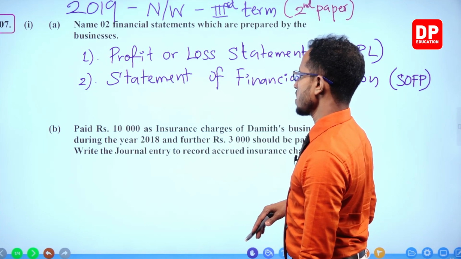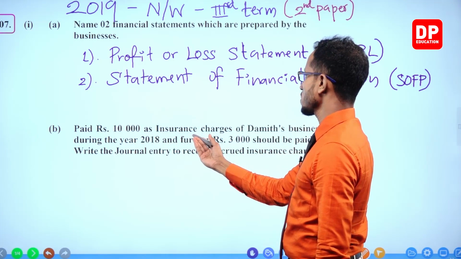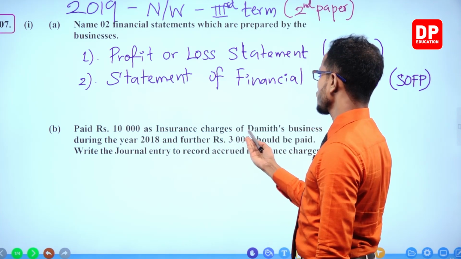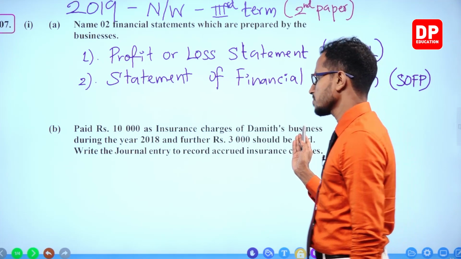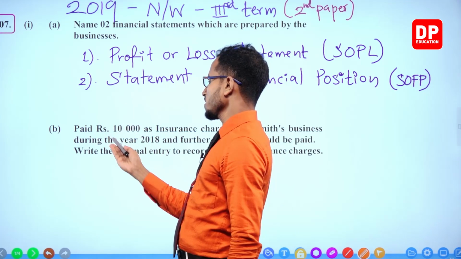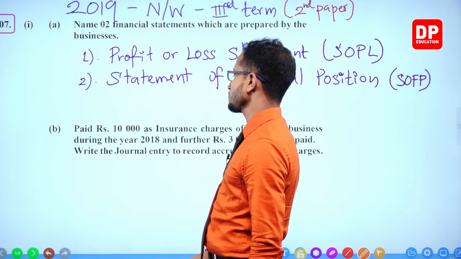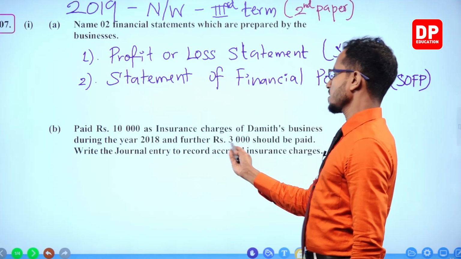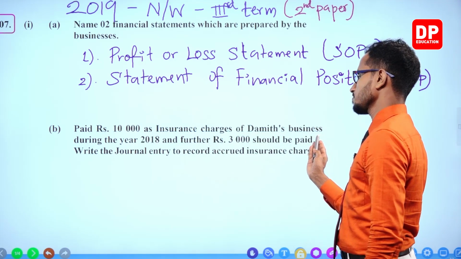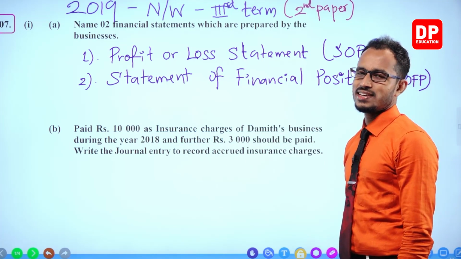Paid rupees 10,000 as insurance charges of Damit's business. Insurance charges paid 10,000, during the year 2018. And further 3,000 should be paid. What do you think?